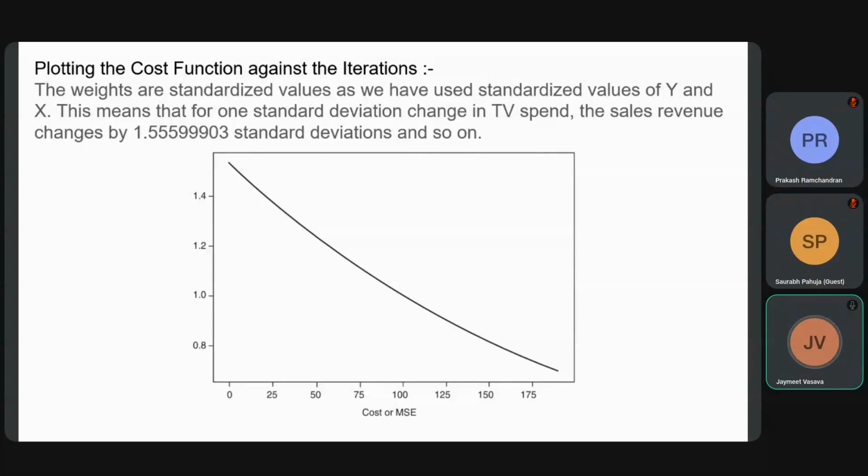As the slide says, the weights are standardized values, and we have used the standardized values of y and x. Which means that for one standard deviation change in TV spend, the sales revenue changes by 1.5 standard deviations, and so on.